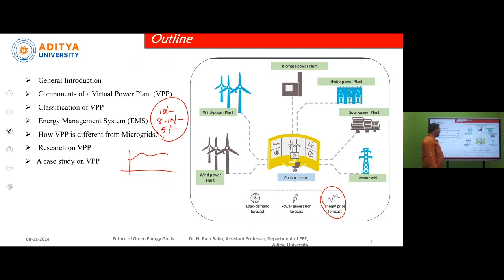It may be varying. For example, if you take a load curve, assume this is a load curve with time t on the x-axis and power in kilowatt or megawatt on the y-axis, this part is called the peak load. Okay, that means the energy which we utilize during the peak hours is very high in cost when compared with low peak hours. Are you getting the point?